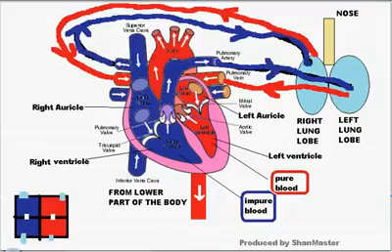Now I have to explain what is going on here. Lungs and heart. Through the pulmonary artery, from the right ventricle when the heart pumps, blood flows into two arms of the pulmonary artery. One arm goes to one lobe of the lung and the other arm goes to the other lobe of the lung. Right and left lung lobes are there.